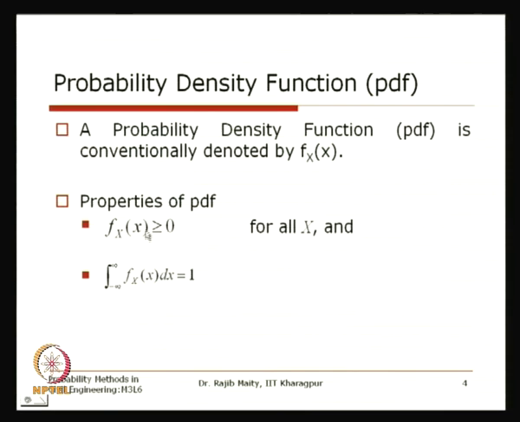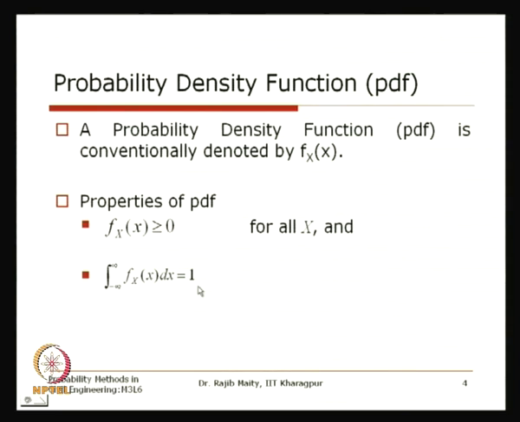For all feasible values of x, the value of this function should be greater than or equal to 0, and it should integrate to unity to satisfy the second axiom, that the total probability over the feasible range of this random variable, which is known as the support of the random variable, should be equal to 1.